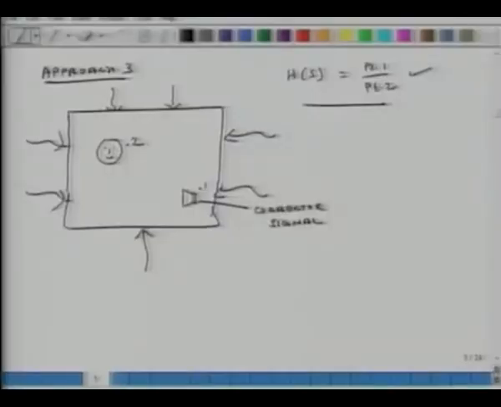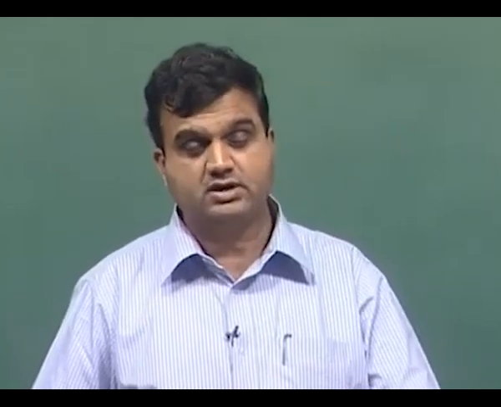Once you have that, then if you know what noise is coming at location 1, then you can compute what noise is being heard at location 2, right. And from the same principles you can also figure out what kind of corrective sound has to be generated at location 1, which will compensate that noise at location 2. So using such a thought process, you can develop a system which helps attenuate distributed sources of noise.